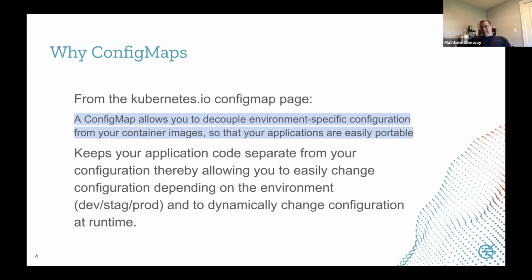So why config maps? If you go to the Kubernetes website, basically what it's saying is you should use config map to decouple your runtime from the configuration that drives it, so that you can reuse that runtime in different scenarios. Typically, especially for internal things, it's usually along the lines of run it in dev versus staging versus production.